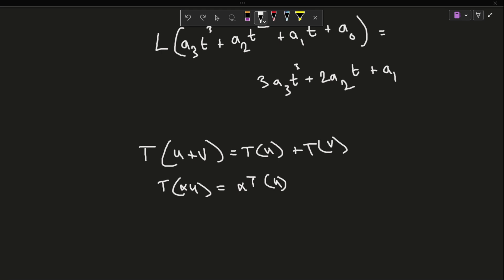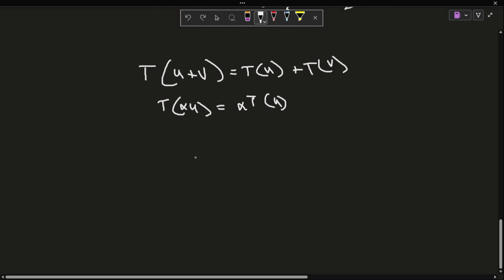Okay, and so there are a couple types of other linear transformations, and some of them that we can do are when we map tuples together.